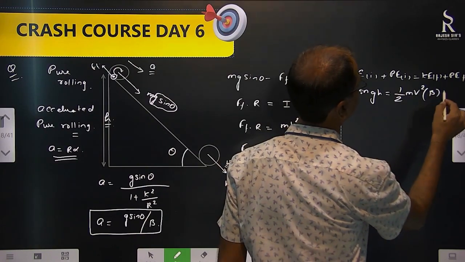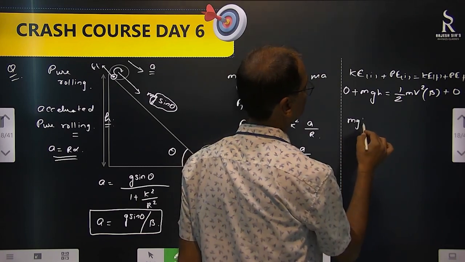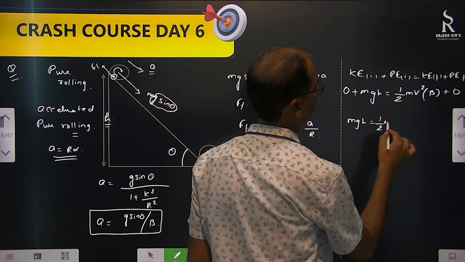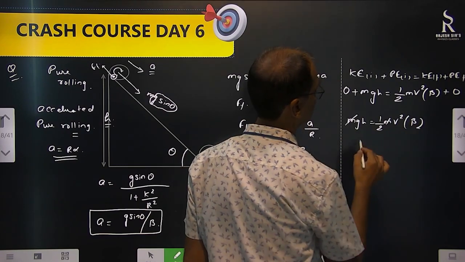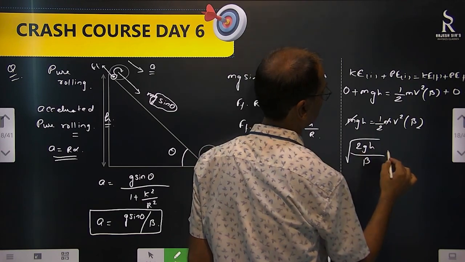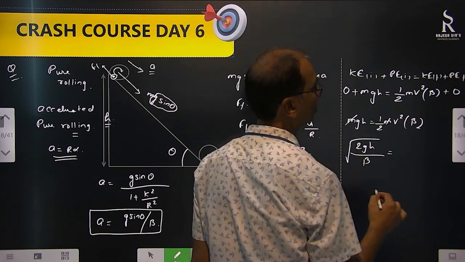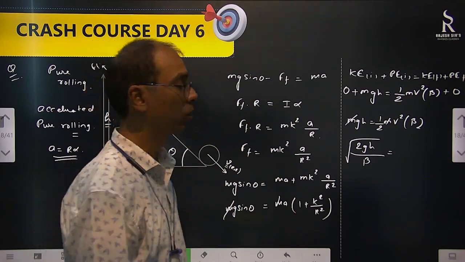And potential energy final is 0. So we have got mgh equal to half mv square into beta. M gets cancelled. This is 2gh by beta is V roll squared.